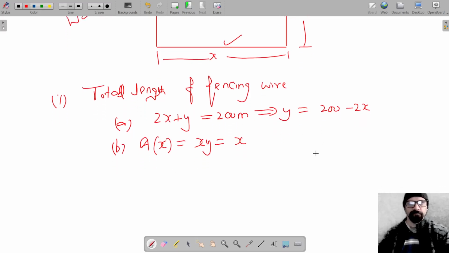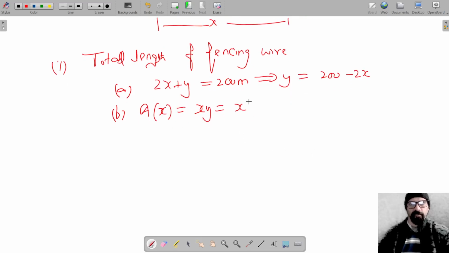So I can write this as x into 200 minus 2x, and taking 2 common, this is 2x into 100 minus x. This is the area in terms of x, length into breadth.